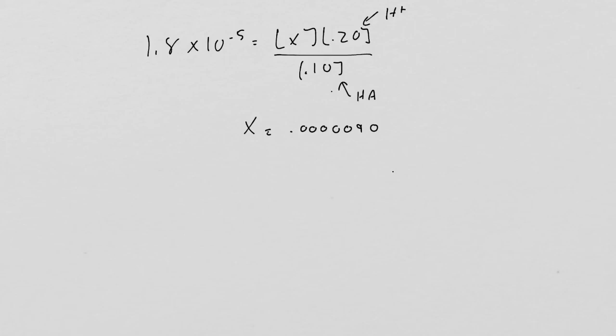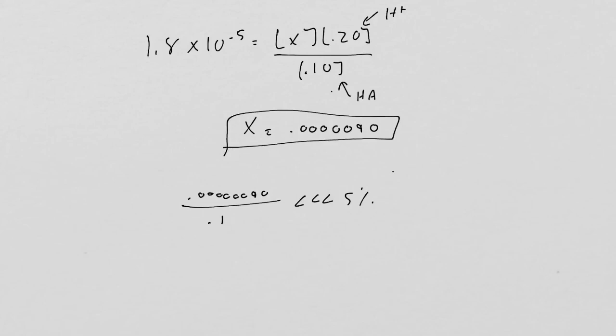And if we even check the percent ionization, it's like 0.000090 over 0.1. I'm not going to bother with the math. That's definitely a lot less than 5%. So we can assume that's a good assumption. And adding or subtracting this amount to anything is pretty meaningless. And this, of course, is the concentration of the acetate ion.